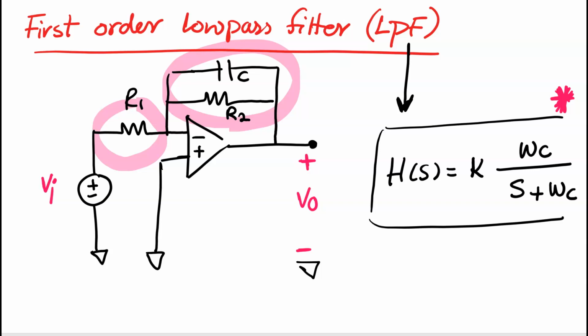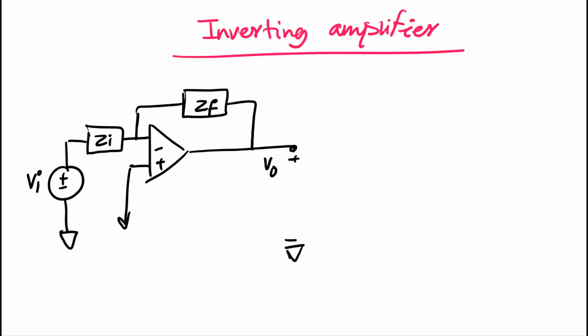Before going forward, I would like to remind you how we can describe and analyze an inverting amplifier circuit. Here you can see an inverting amplifier circuit. In this circuit, we have an input impedance equal to Zi and a feedback impedance which is equal to Zf.